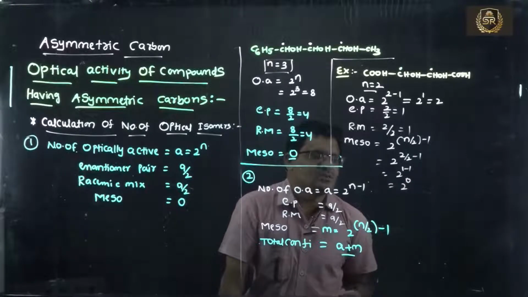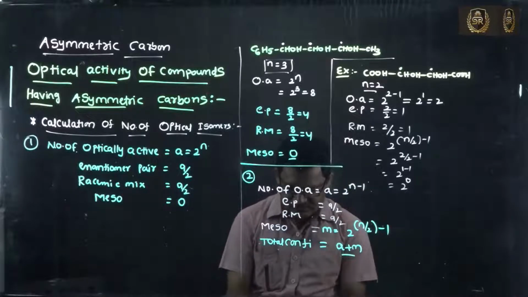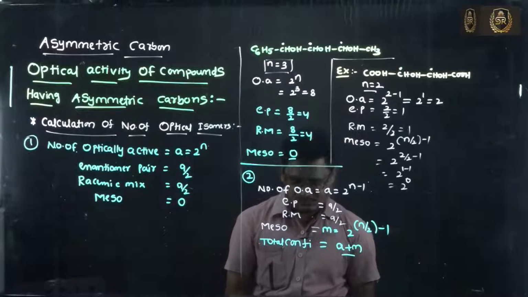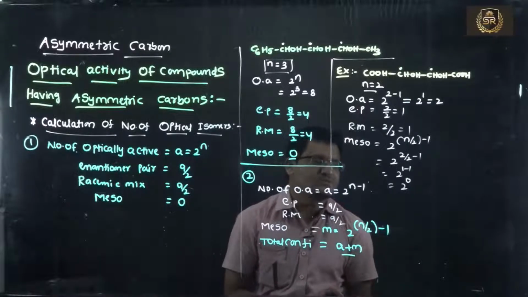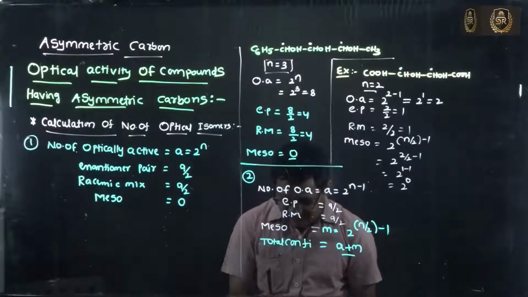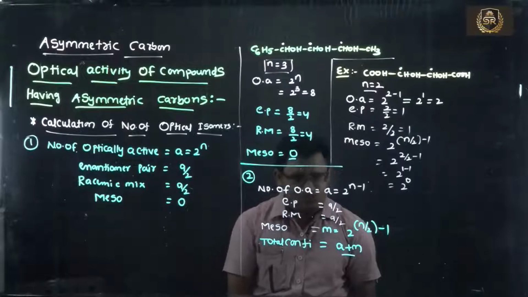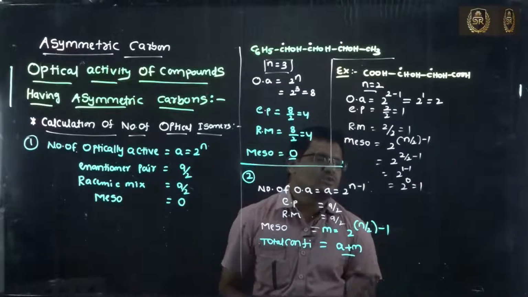For a meso compound, 2 power n by 2 minus 1, nothing but 2 power 0, which equals 1.